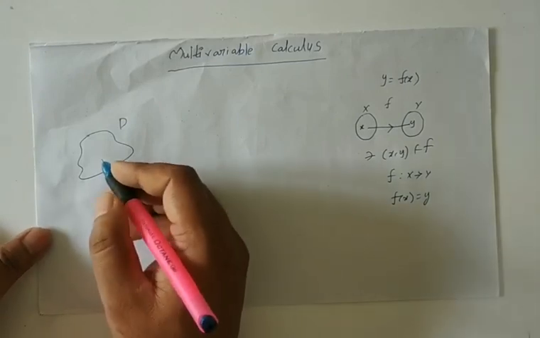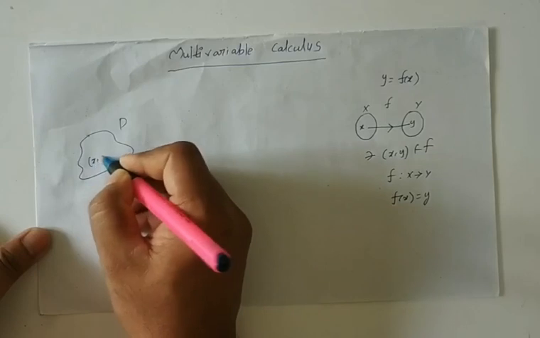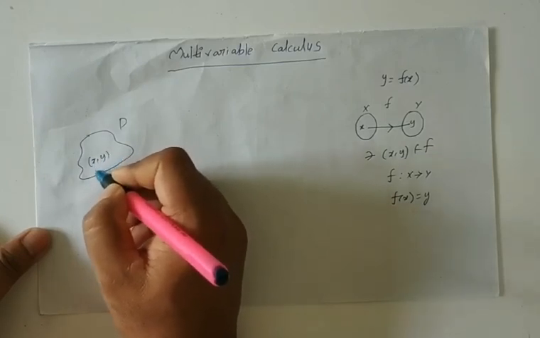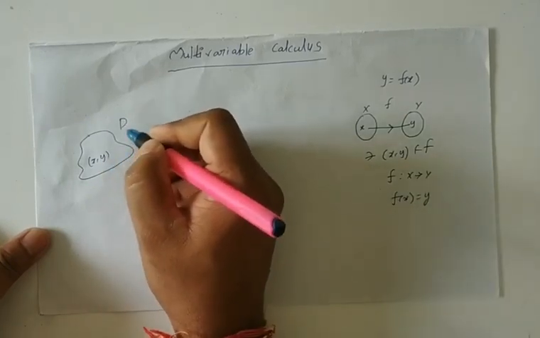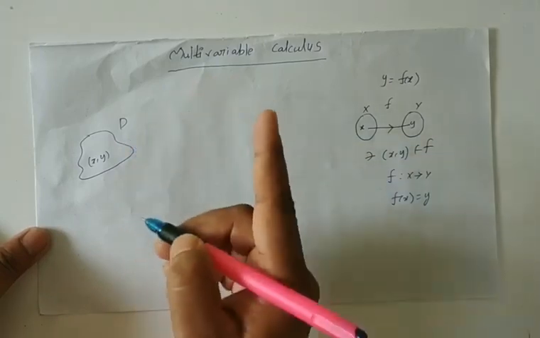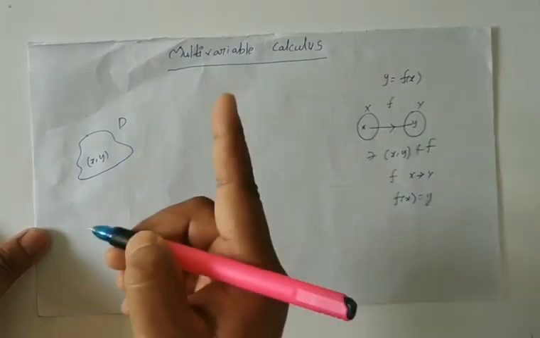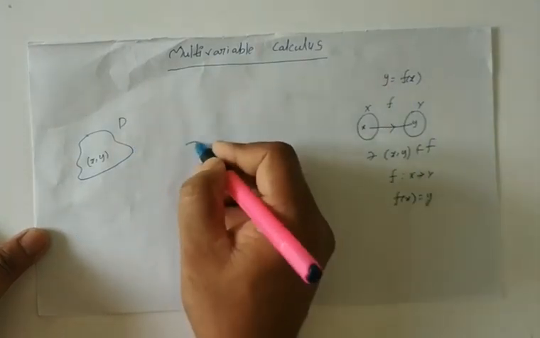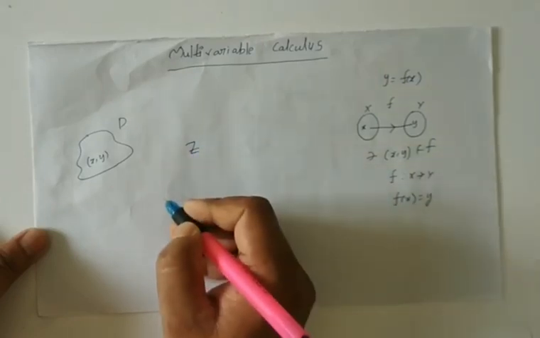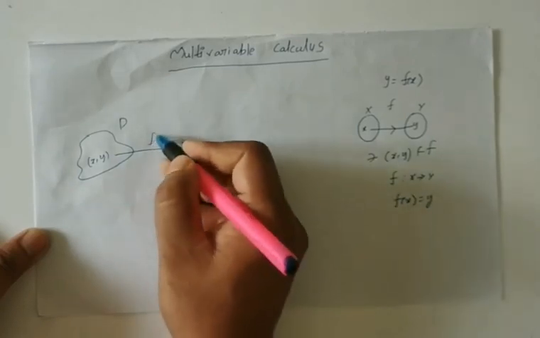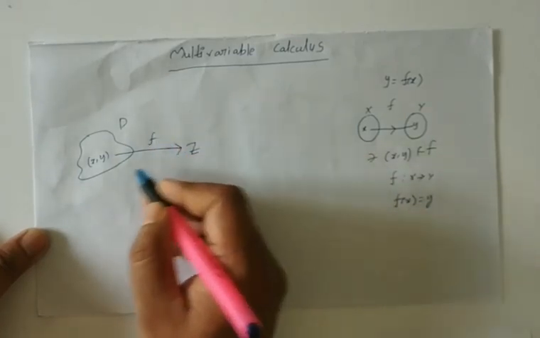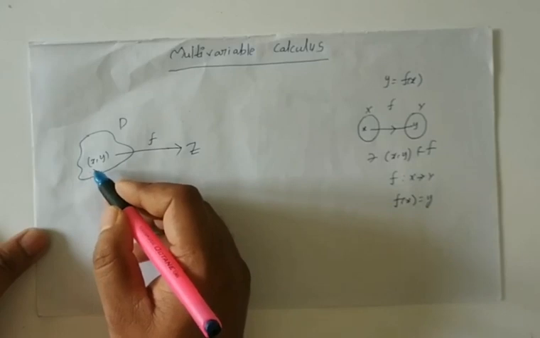Then if to each ordered pair (x, y) which is in D there corresponds a unique real number z, then that function f is called a function of two variables x and y.